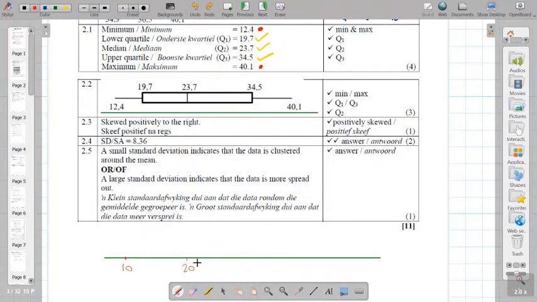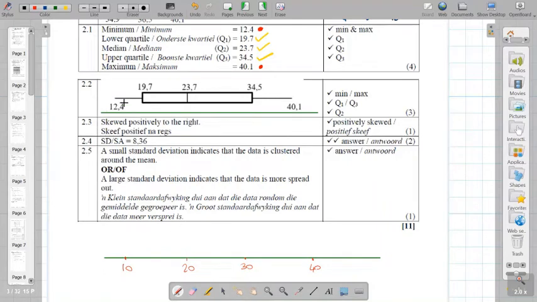You can have 10 to 20, the same distance from 20 to 30, and the same from 30 to 40. I'm using freehand, but with a ruler you can make every distance 2 centimeters. That's enough. And then we can draw the 5 numbers.